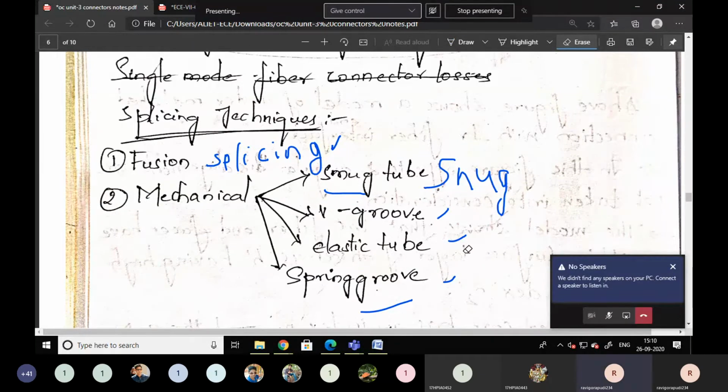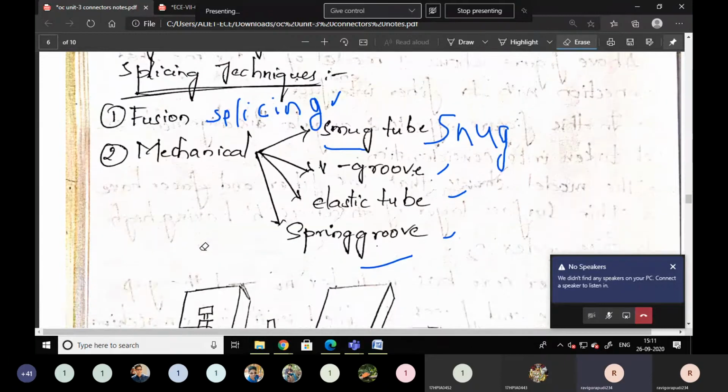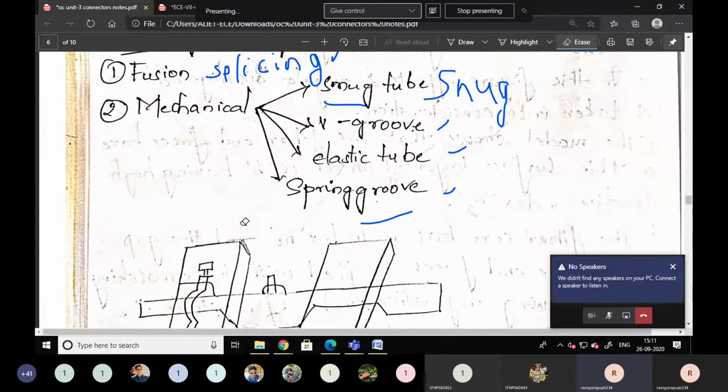Types are over. Then you will go for the classifications. After completion of this classification, that is the end of the third chapter.